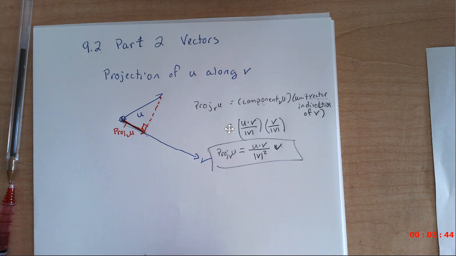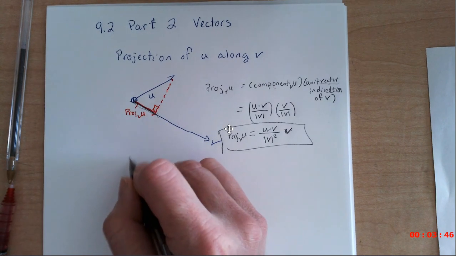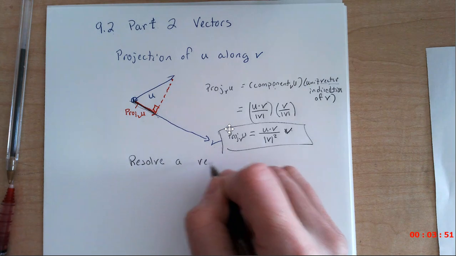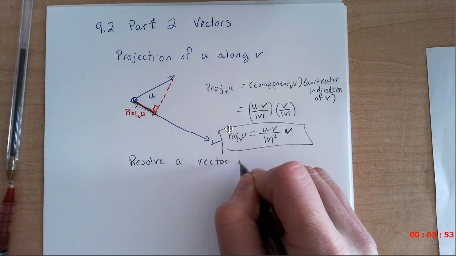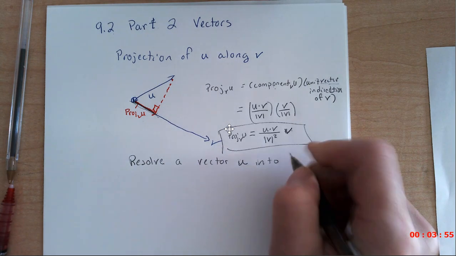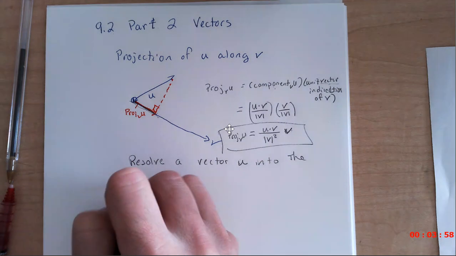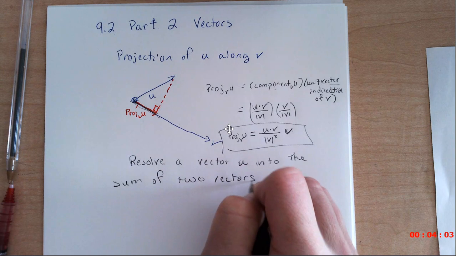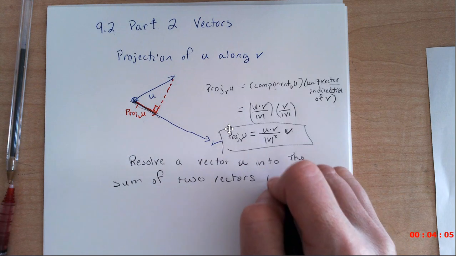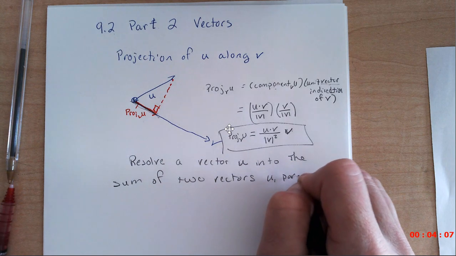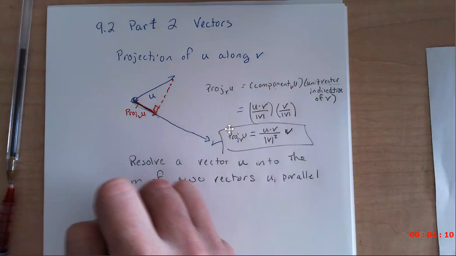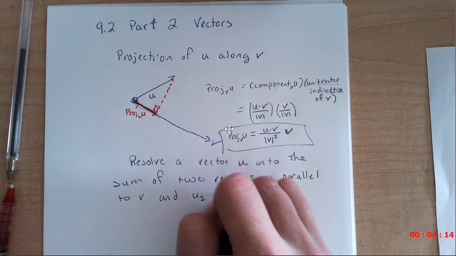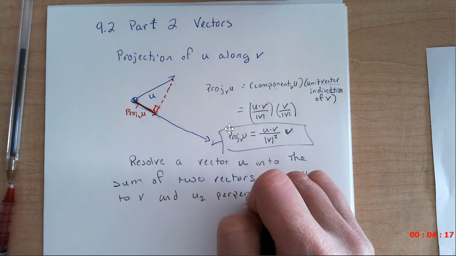Another thing we might want to do is resolve a vector u into the sum of two vectors, u sub 1, which is parallel to v, and u sub 2, which is perpendicular to v, or orthogonal.